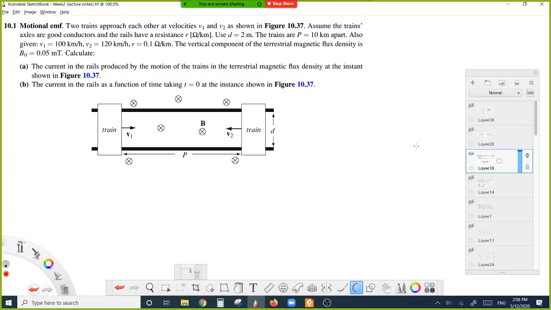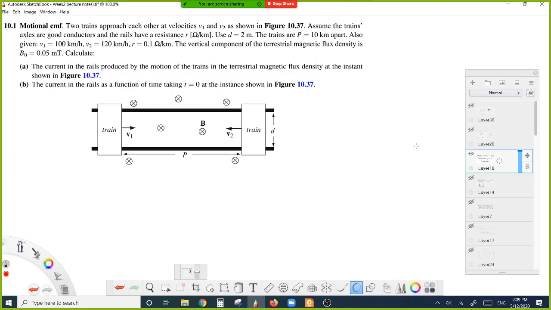Also, given that V1 is 100 km per hour, V2 is 120 km per hour, R is 0.1 ohm per kilometer. The vertical component of terrestrial magnetic flux density B0 is 0.05 millitesla.